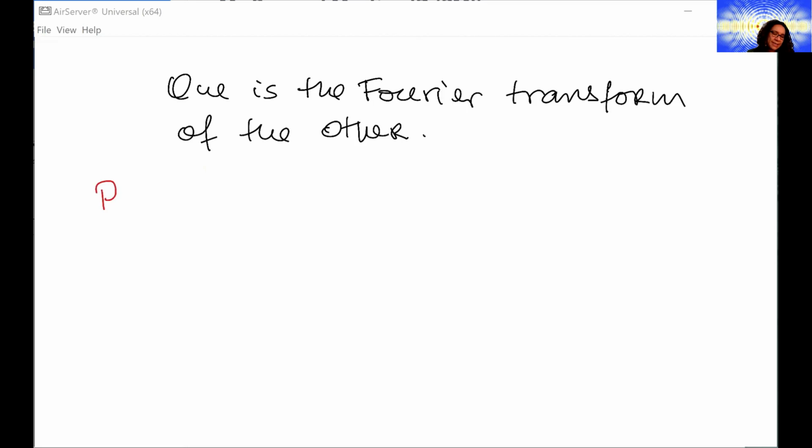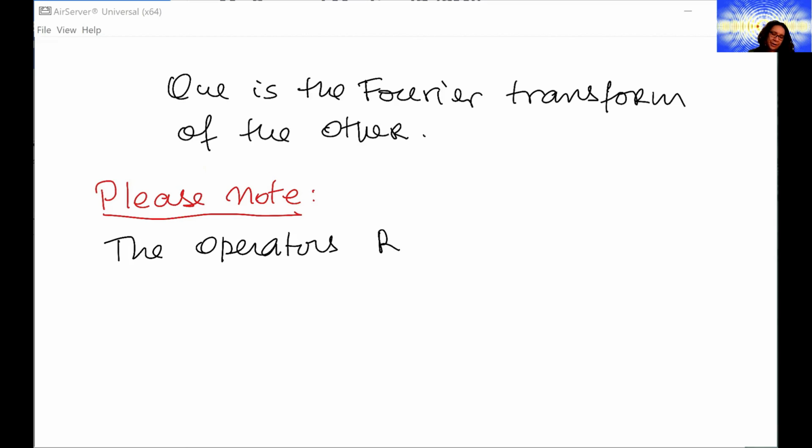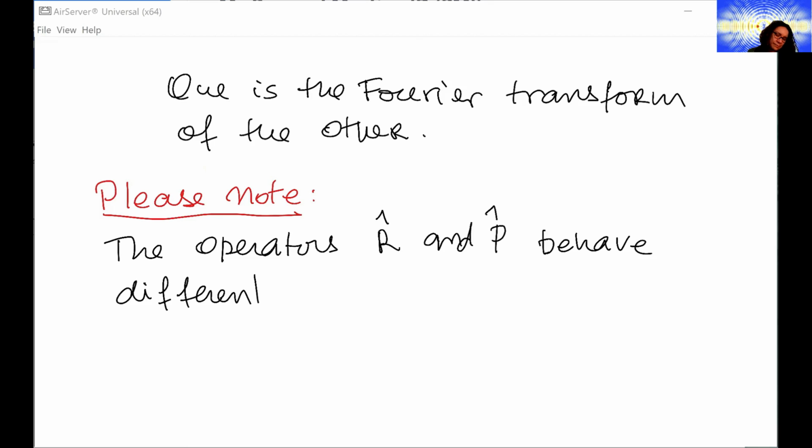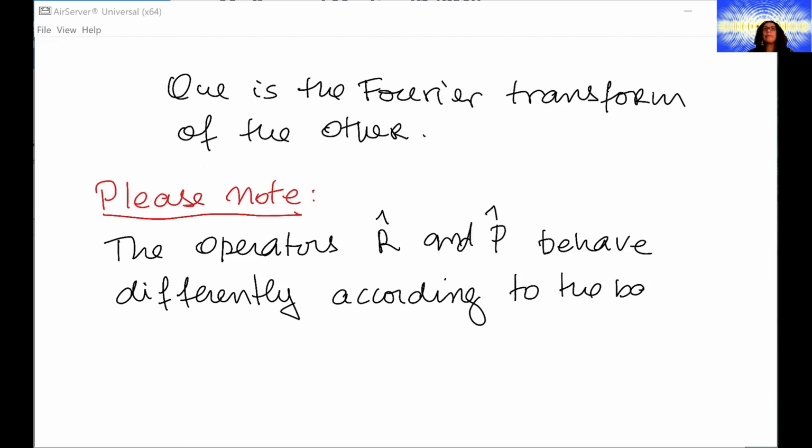But this is a very important statement because you are all used to some specific formulations of the momentum operator, right? So what I want to say is please note, and this is really, really important, our operators R and P behave differently according to the basis.